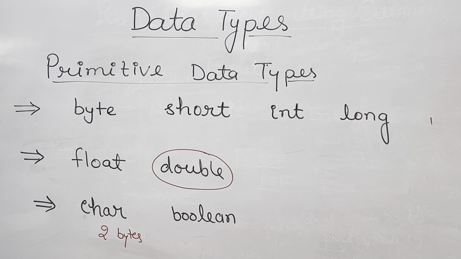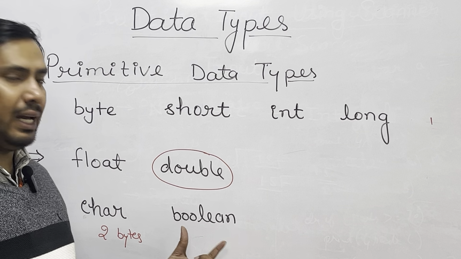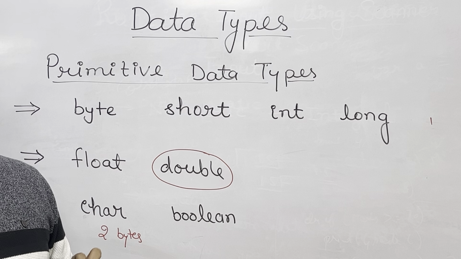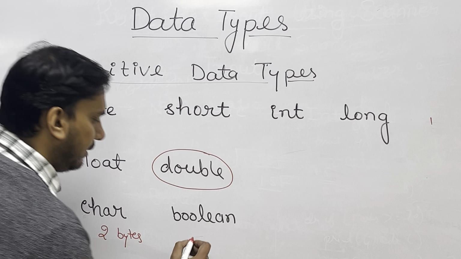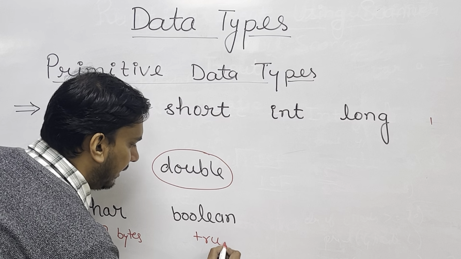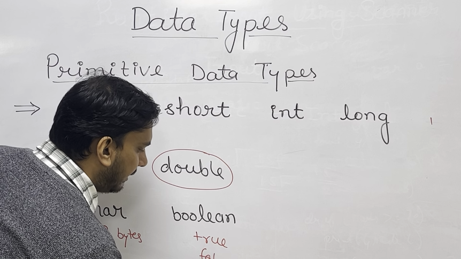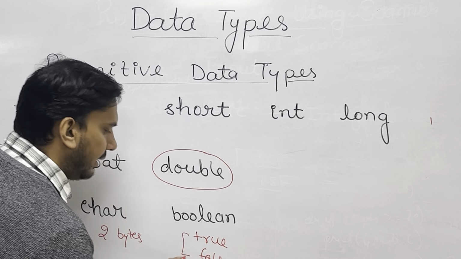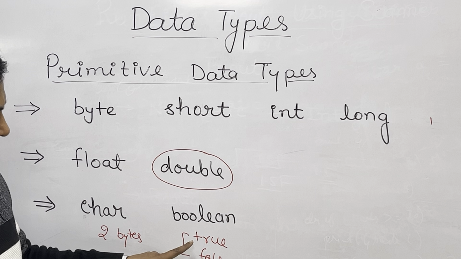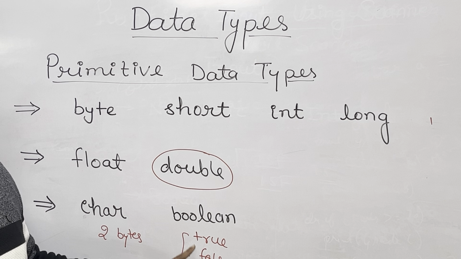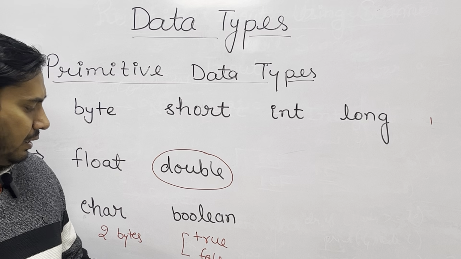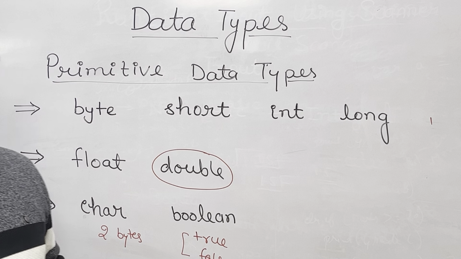So, char size is 2 bytes, and boolean in Java has only 2 values, true and false. The value of boolean can be either true or false, and these 2 literals are reserved words. In the keywords video we discussed that these 2 are reserved words. Apart from this, null is also a reserved word.